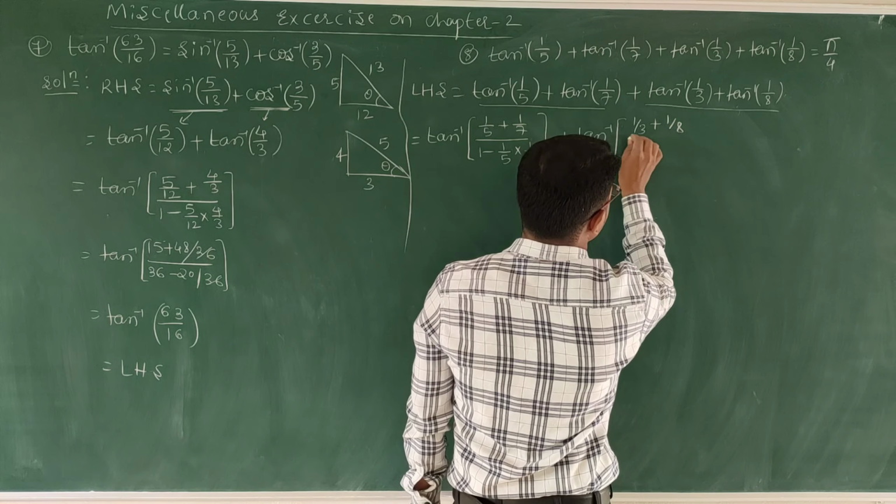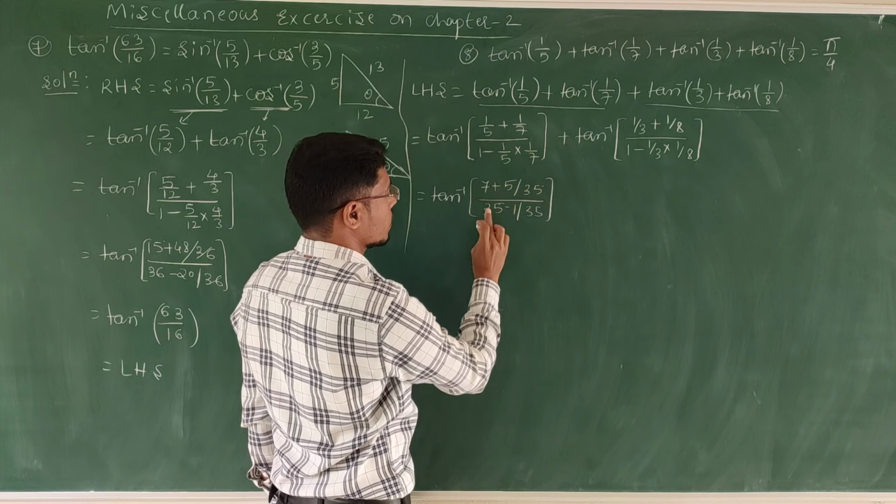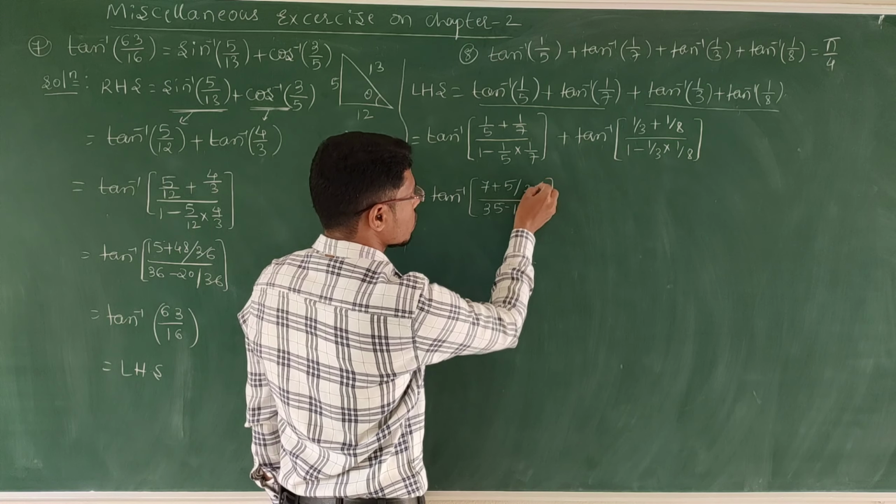Okay, so this is equal to the tan inverse of, LCM is 35, 7 plus 5 divided by 35 minus 1 divided by 35. 5 into 7 is 35. These two will get cancelled.